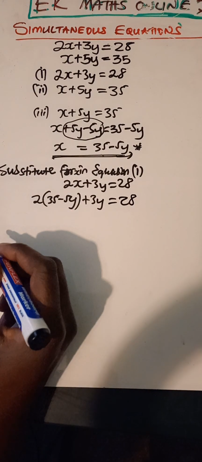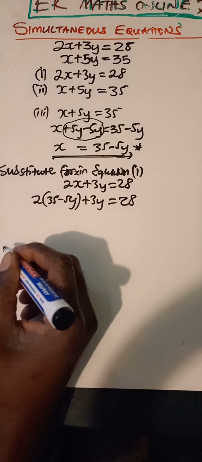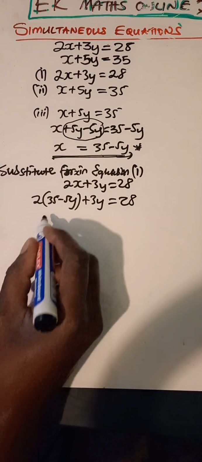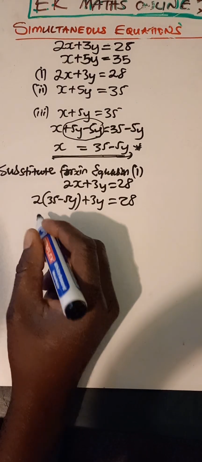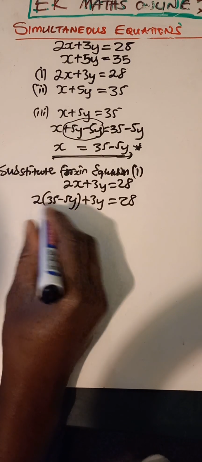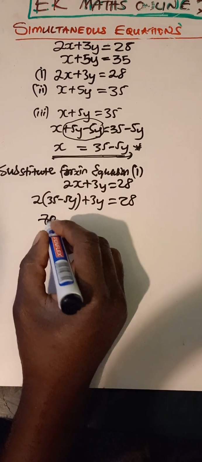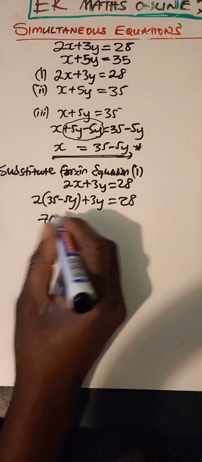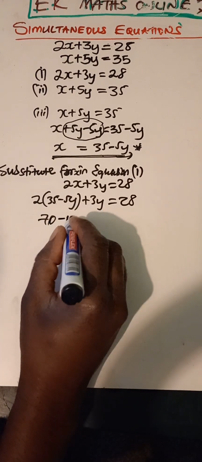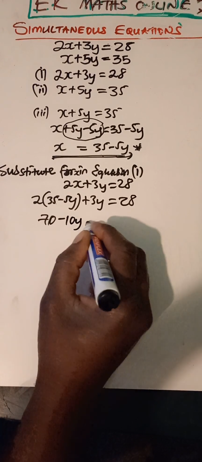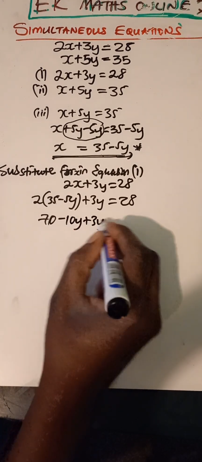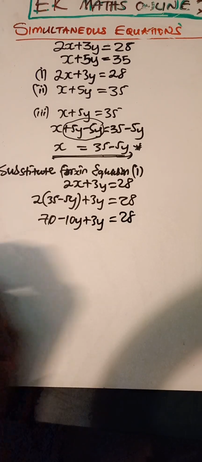So once we have this, now we're going to open up our brackets. It means we're going to multiply. 2 multiplied by 35 is 70. 2 multiplied by 5y is 10y. Plus 3y is equal to 28.